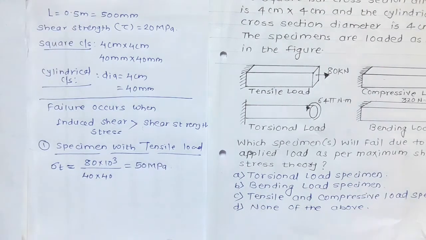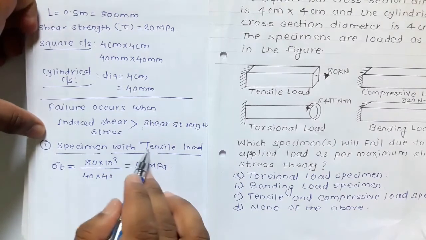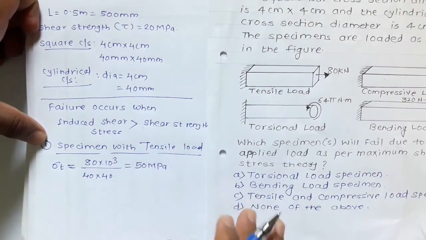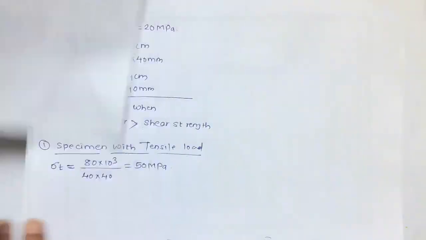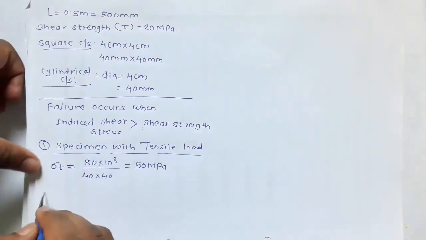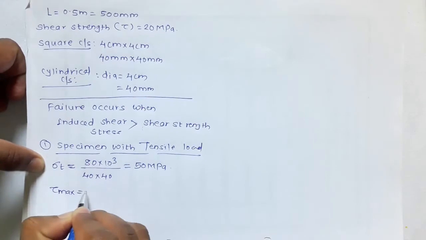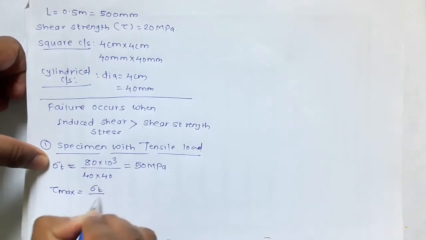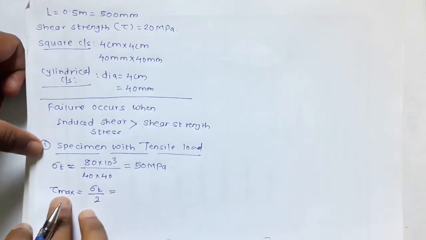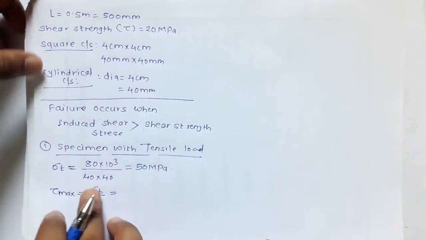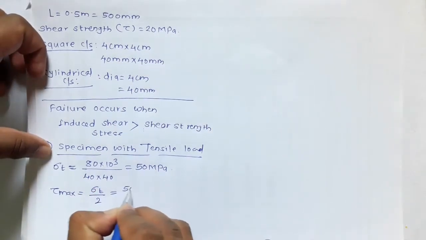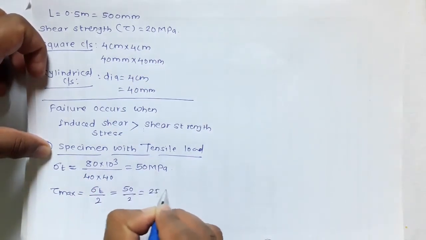Now, in order to predict the failure of this specimen which is subjected to tensile load, we have to find out the maximum shear stress induced in the specimen, and maximum shear stress tau max can be obtained using this formula, sigma T upon 2. So maximum shear stress in this case is half of the induced tensile stress, and thus we can write 50 upon 2 is equal to 25 megapascal.